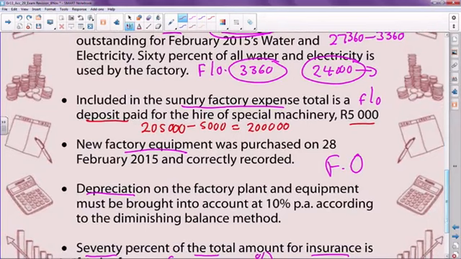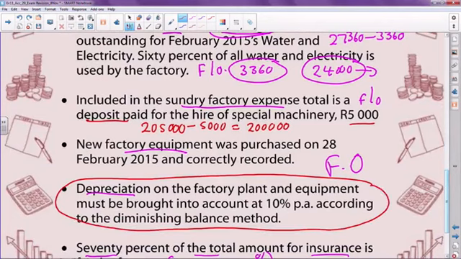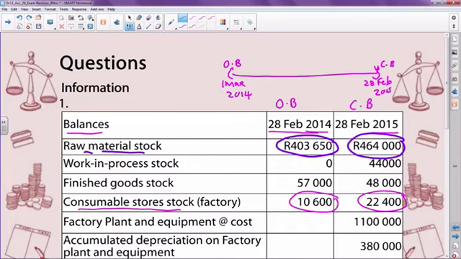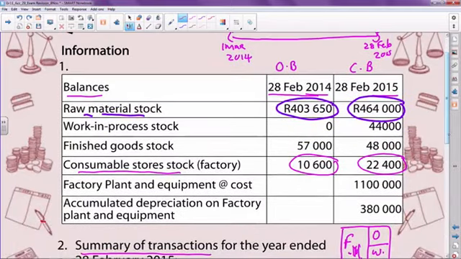Okay, this bit of information here, okay, not dealt with as yet. This was fine. This was absolutely fine. We came across this already. Depreciation on the factory plant and equipment must be brought into account at 10% per annum according to the diminishing balance method. So if we go to our opening balances that were given to us, okay, so we are given factory plant and equipment 1,100,000.